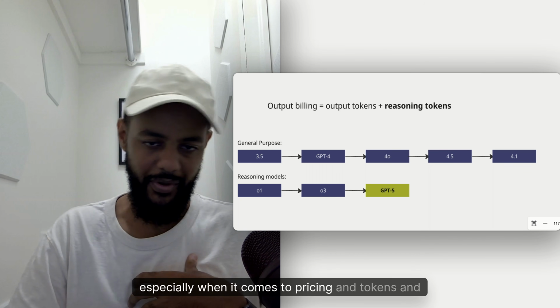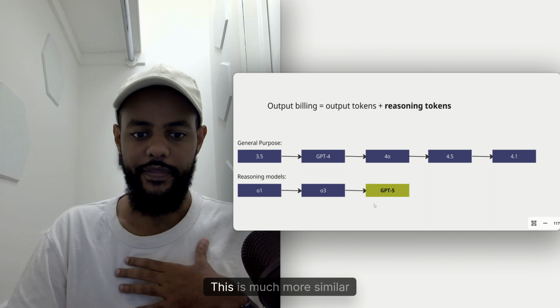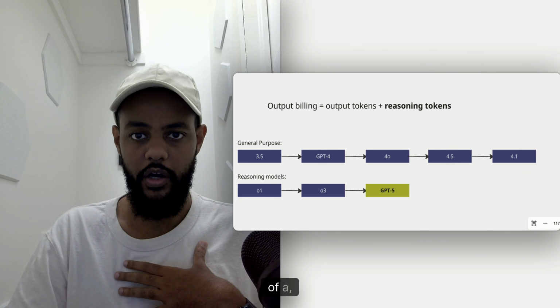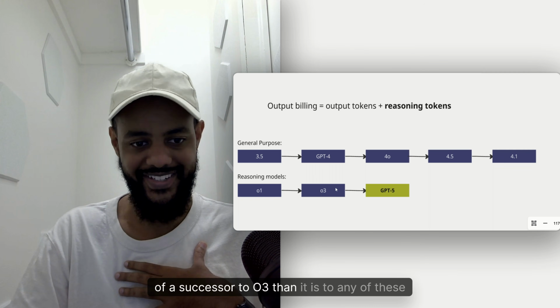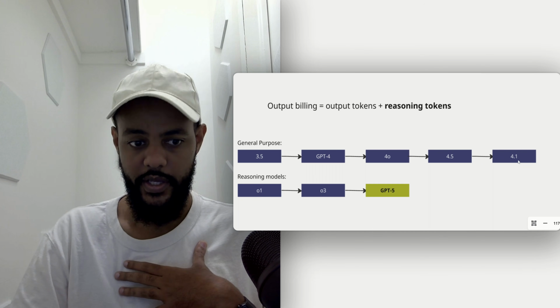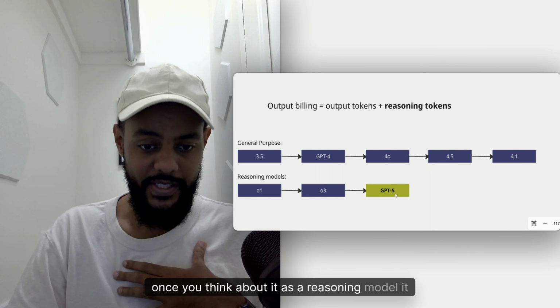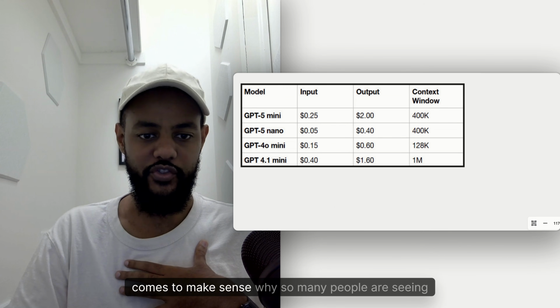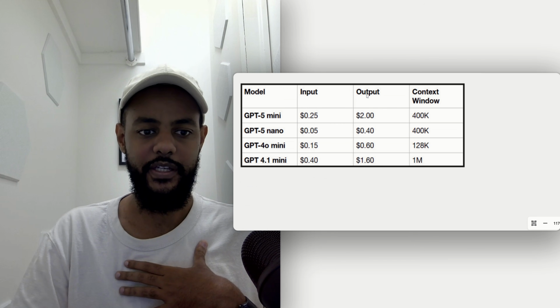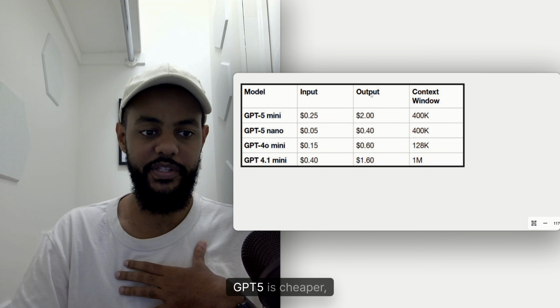Especially when it comes to pricing and tokens and that sort of thing. This is much more similar as a successor to O3 than it is to any of these general purpose models. And once you think about it as a reasoning model, it makes sense why so many people are seeing much higher pricing. Yeah, GPT-5 is cheaper, right?